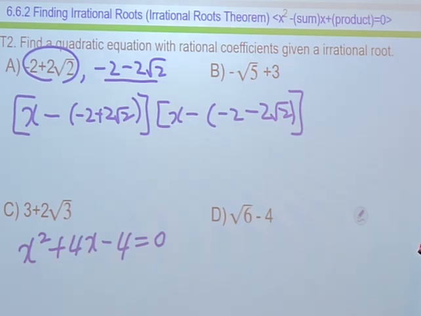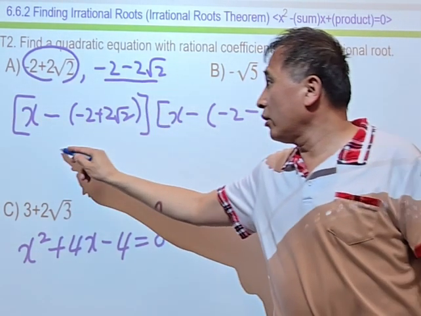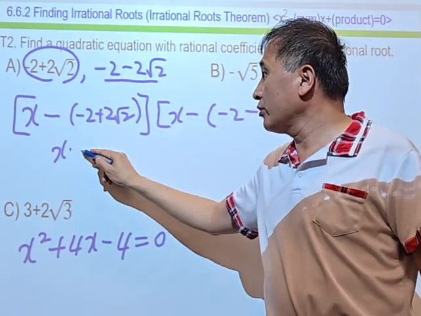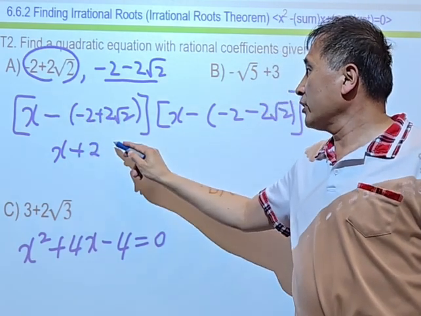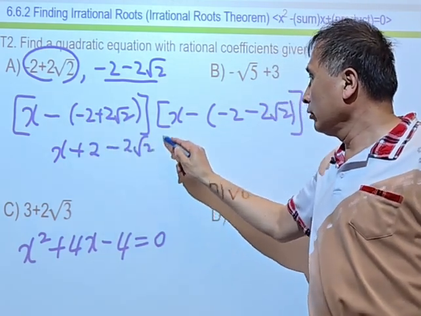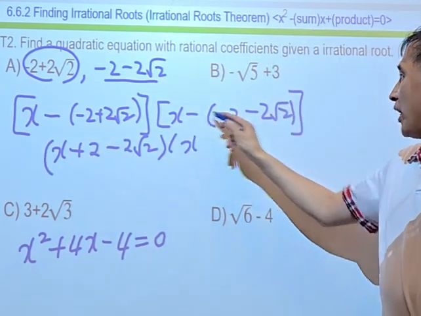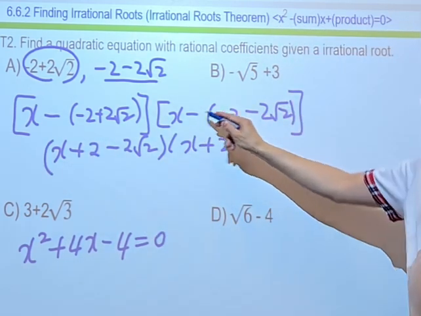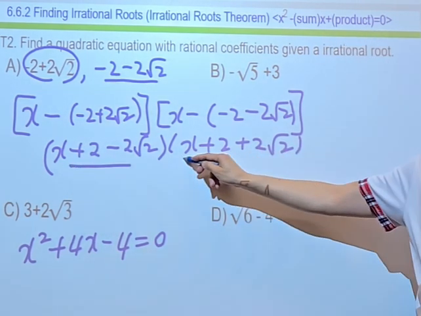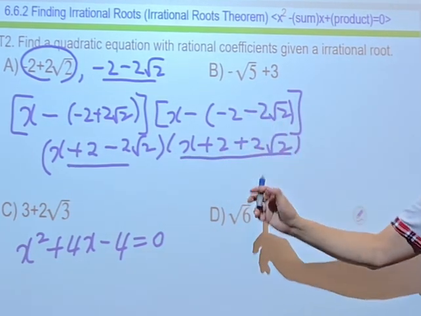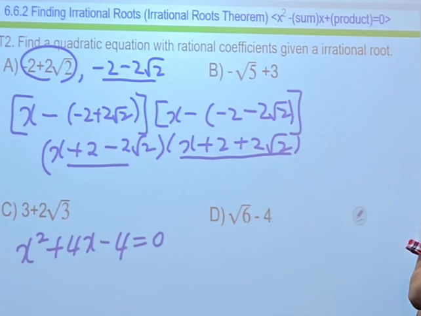And we FOIL it. First we need to get rid of the parentheses inside. Because this is a 3-term expression and this is a 3-term expression, when you distribute, there will be 9 terms.